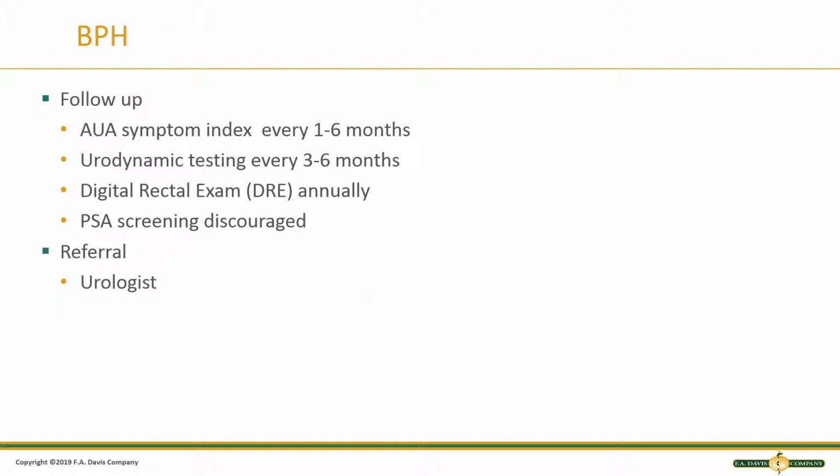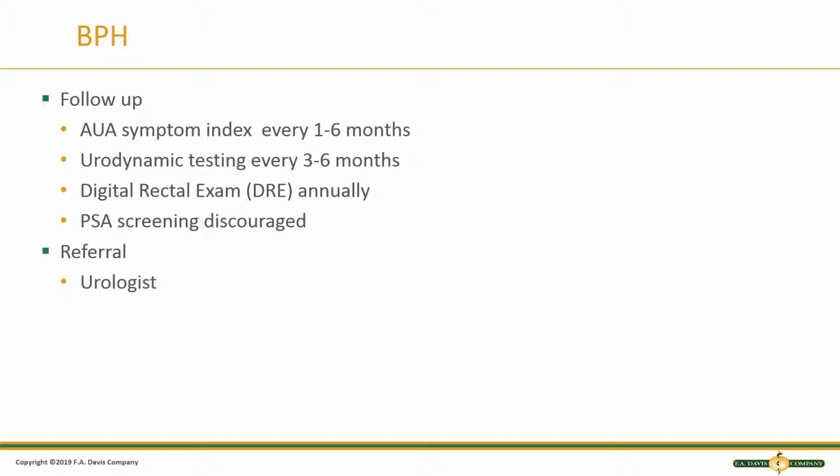The AUA symptom index can be done either by the PCP or the urologist every 1 to 6 months. Urodynamic studies are done routinely to check flow rates and voiding pressures in the urologist's office. Digital rectal exams can be done by either provider. The American Cancer Society does not recommend routine screening of PSA due to overdiagnosis and inappropriate treatment.